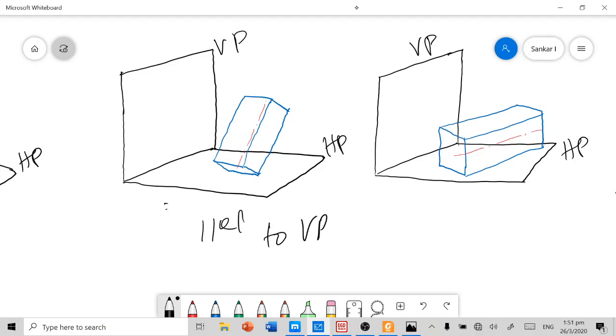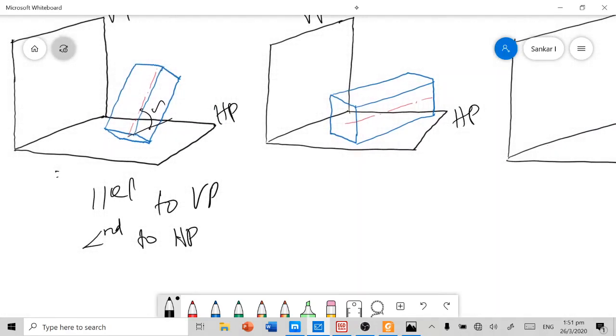There is no angle of inclination between the vertical plane and the axis of the solid, but the axis of the solid is now inclined to the horizontal plane. Here some inclination is there. So in this case, the solid axis is parallel to VP and inclined to HP. And this is one more variant of the parallel to VP and inclined to HP case.